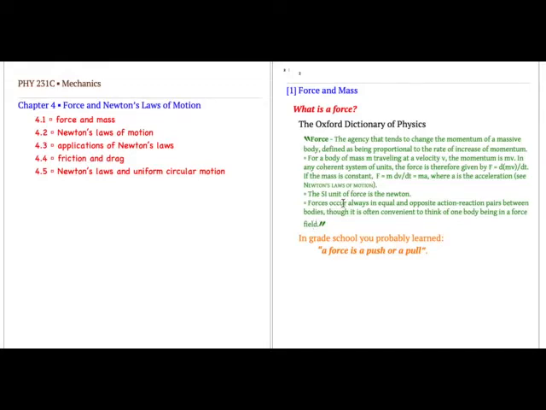Every force requires two objects. One object to exert the force, and the other object to experience the force. And for every action, there's an equal but opposite reaction. So again, that's Newton's third law. That's included in the Oxford Dictionary of Physics in their definition of force. So what is a force?